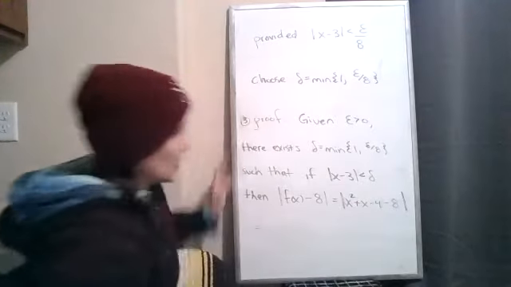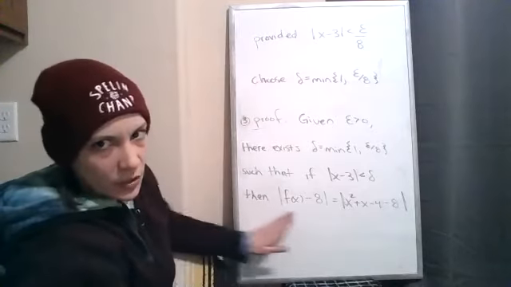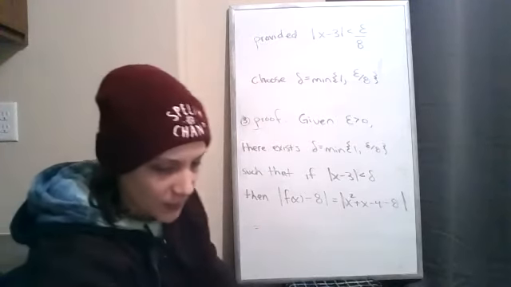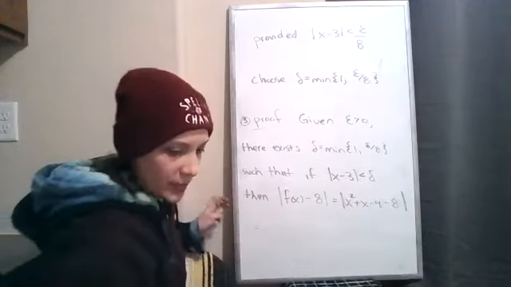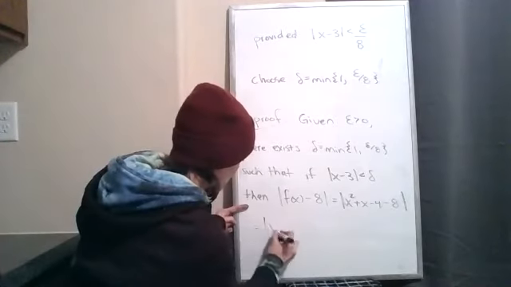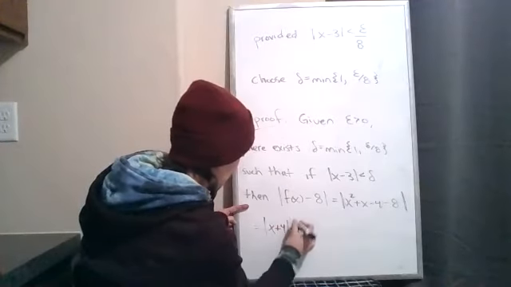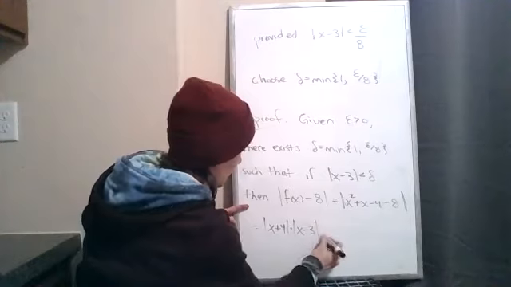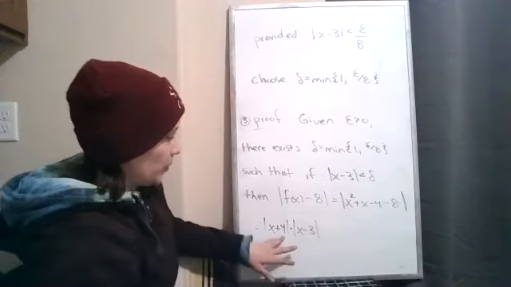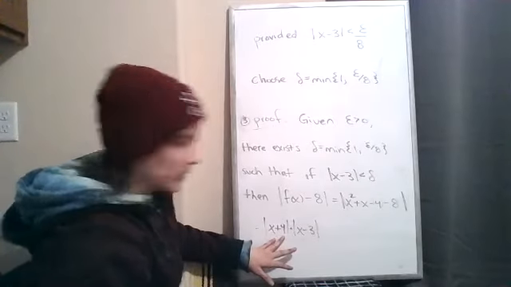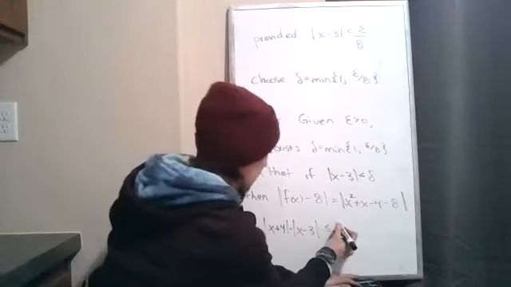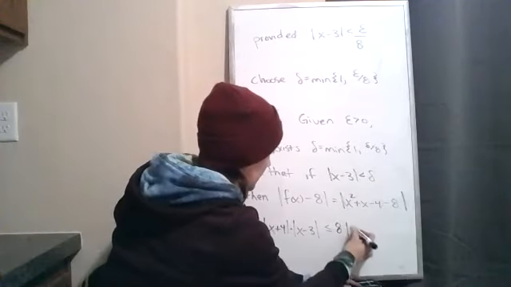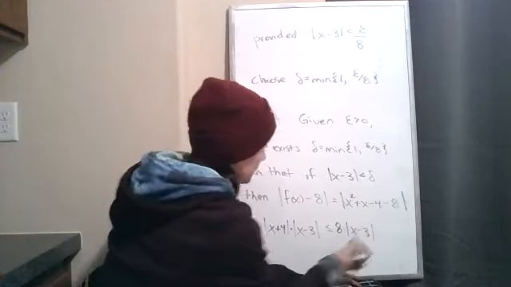Okay, usually you leave your scratch work, so we're just going to jump to the part where we have the absolute value of x plus 4 times the absolute value of x minus 3. Put a bound on the absolute value of x plus 4, and let's multiply by x minus 3.